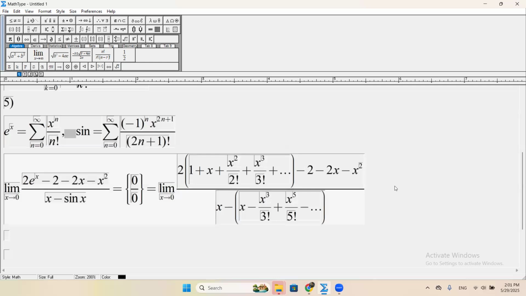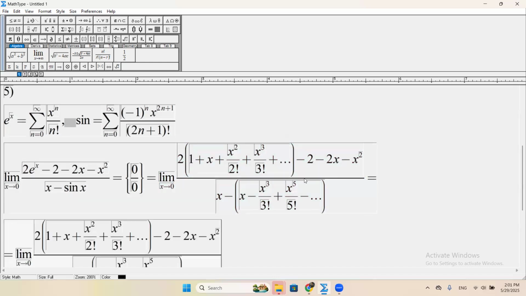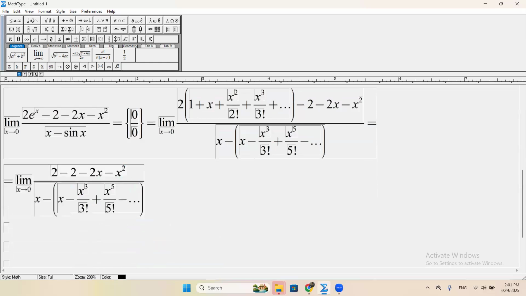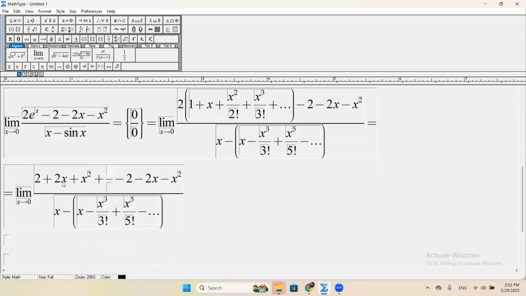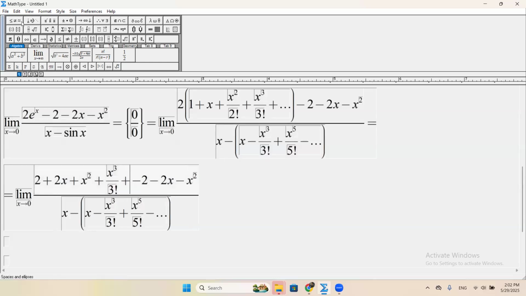And now let's expand the brackets. So I will receive 2 plus 2x plus x square plus x cube over 3 factorial and so on.